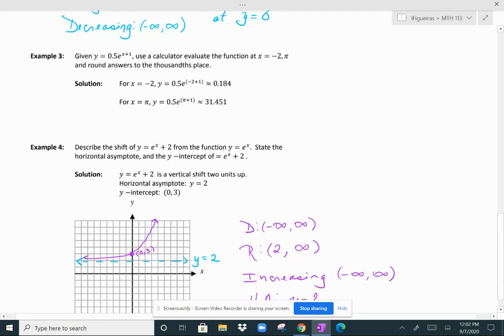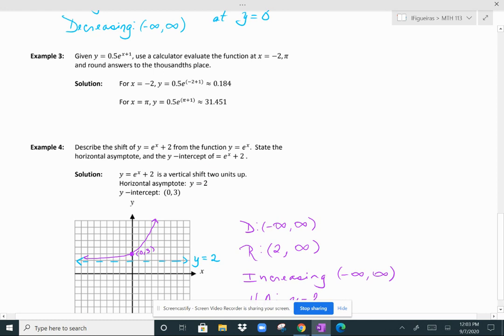All right, so we're going to talk about shifting, just a good idea to remind ourselves of those rules that we learned in the past. So we need to describe the shift of this function. So I have y equals e to the x plus 2. Remember, y equals e to the x was the first graph we talked about in this lesson. And when I'm adding 2 to the function itself, that represents a vertical shift 2 units.